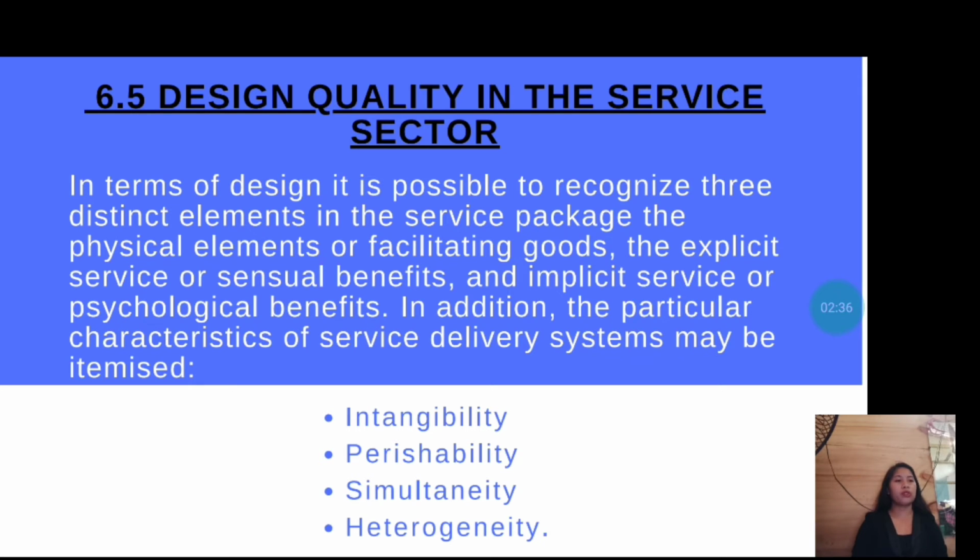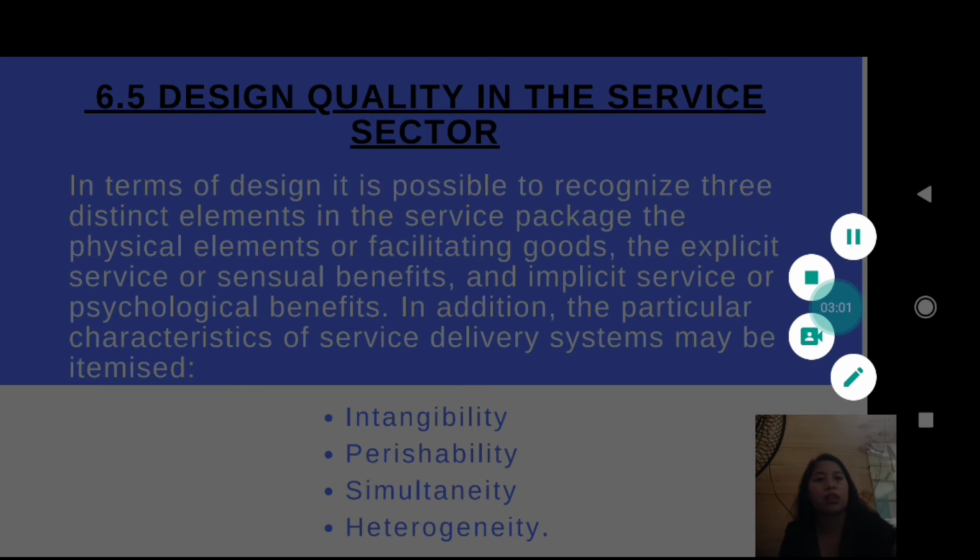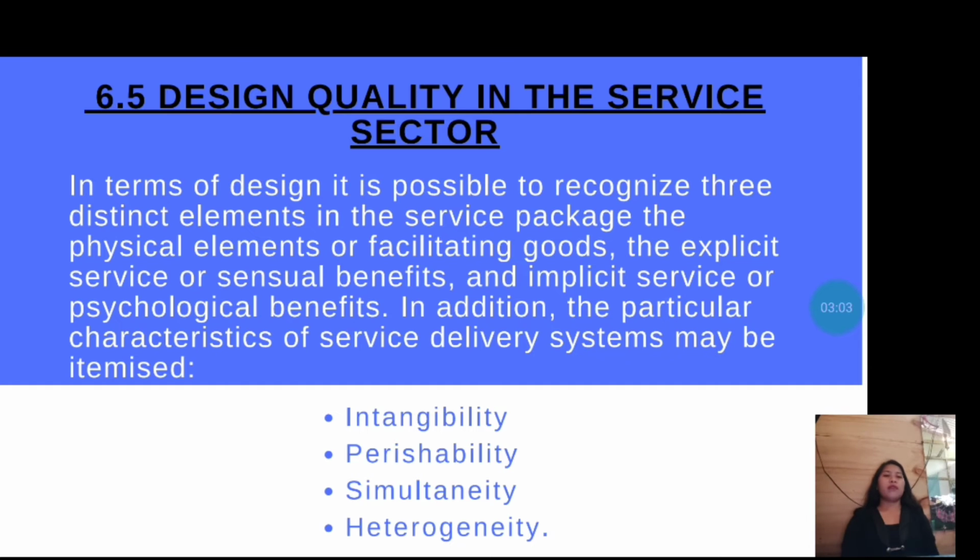So each service offering is unique, and cannot be exactly repeated, even by the same service provider.